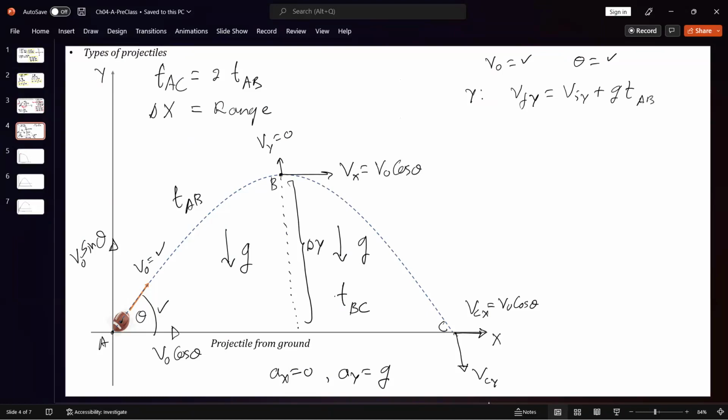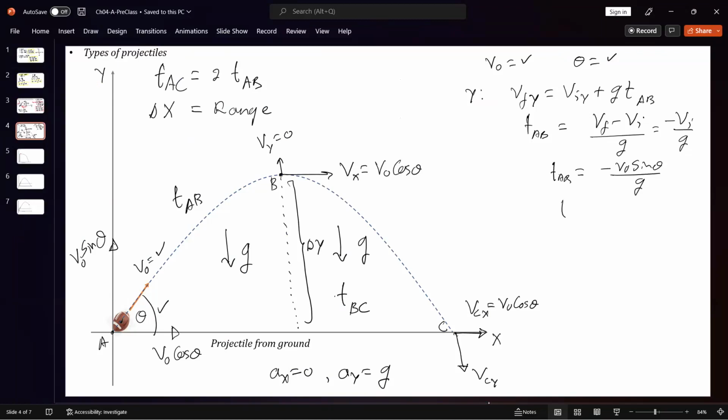I'm considering A to B motion. The time from A to B is equal to V final minus V initial divided by gravity. V final is going to be 0. This is minus V initial over gravity. So the minus V initial is V0 sine theta divided by G. That is the time from A to B.